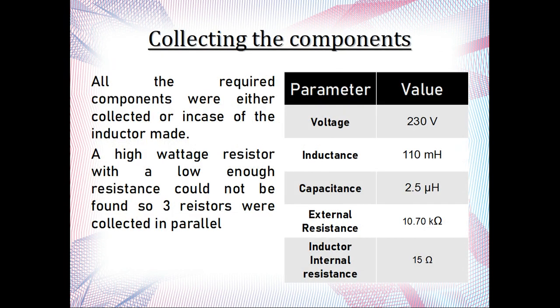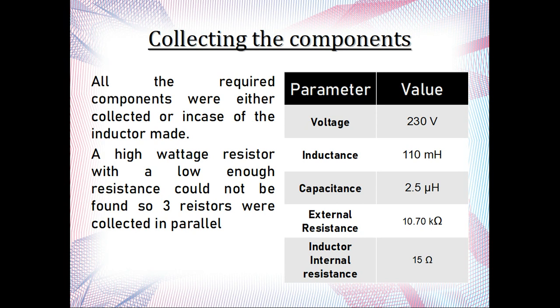Here are the basic values for our circuit. The voltage that we use, the capacitor and the resistance were given directly as mentioned on the casing. The inductance was measured, and the inductor's internal resistance was also measured.